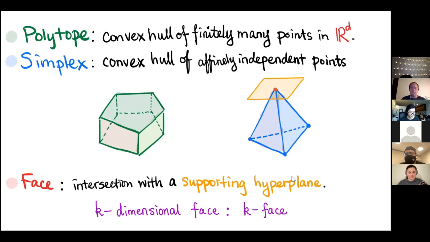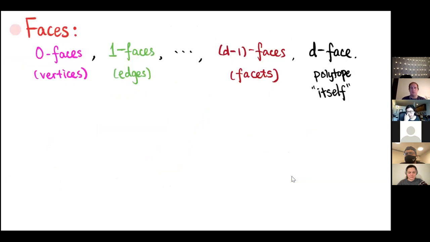If your face is k-dimensional, here the point is 0 dimension, then you call it a k-face, just in short. Depending on the dimension, you can give them different names. 0 dimensional faces are vertices, and 1 dimensional ones are edges. For a d-dimensional polytope, the d-1 dimensional faces are the maximal proper faces, and we call them facets.